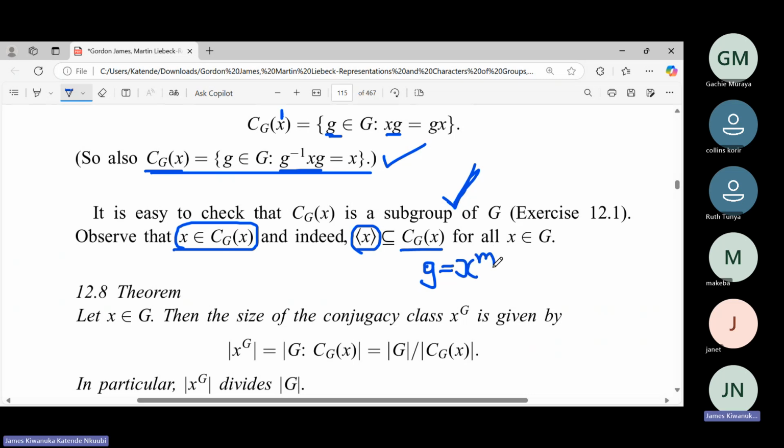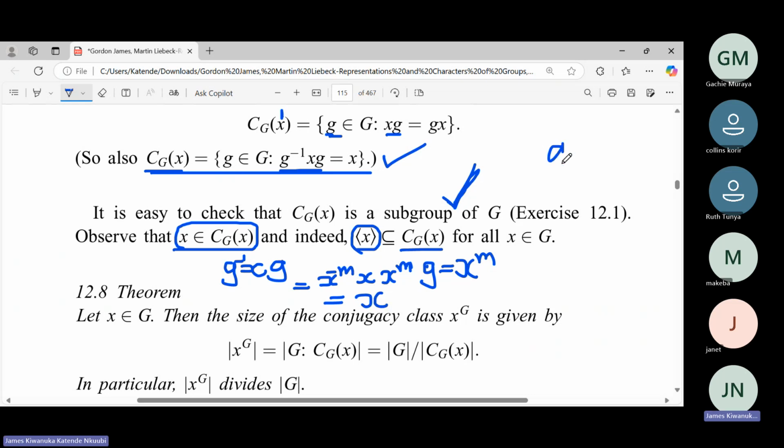If I compute this product, it will give me X to the inverse power, then I have X and X^m. So I can add up the powers, and you end up with X.